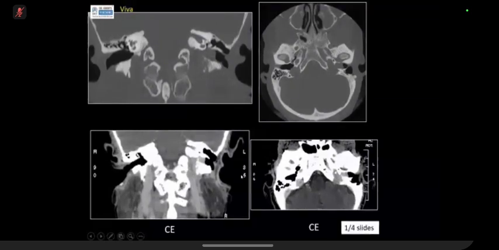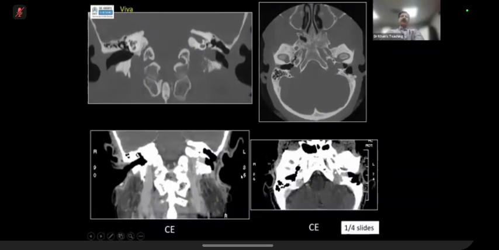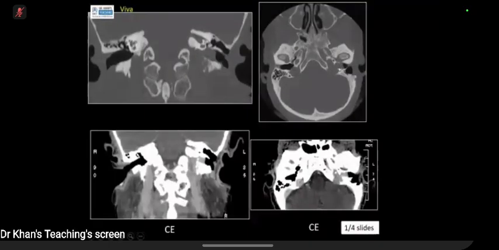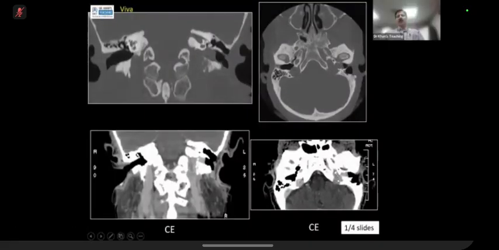So everything you told me is absolutely correct for this particular location. Yeah, but I am not satisfied with the location. But you use the word glomus jugulare. What part of anatomy is this? Oh, sorry, tympanicum. Okay, tympanicum. But yes, you are right that it is also involving the jugular foramen.